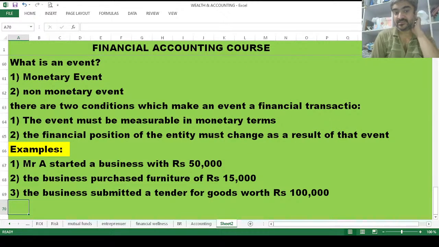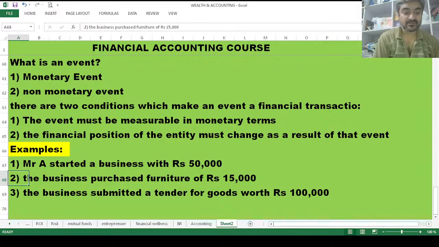Now let's check this transaction on the definition of the financial transaction.